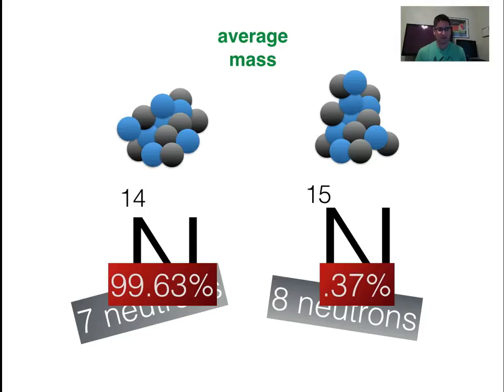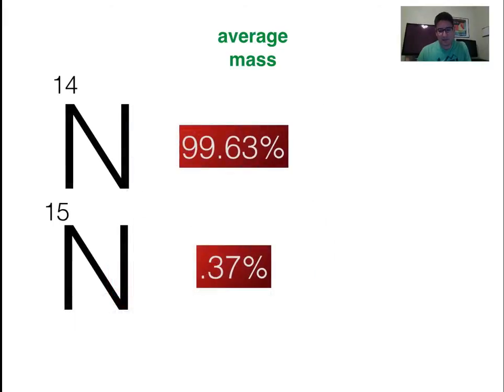Likewise with carbon, since 99% of it was carbon 12, I can guess that the average atomic mass is going to be really close to carbon 12 as opposed to carbon 13 or 14. Just like with carbon, I can use the percentages for nitrogen to find how much mass each of these isotopes is contributing to the overall mass.